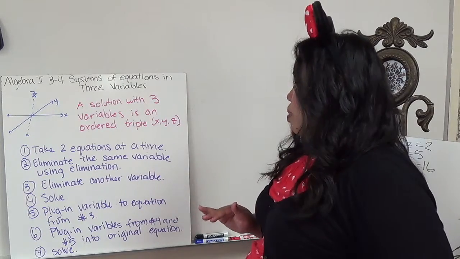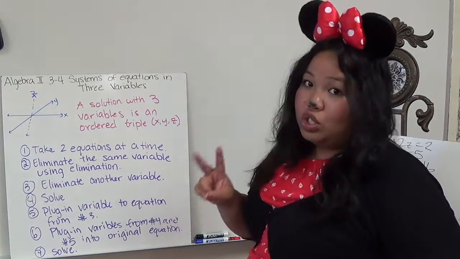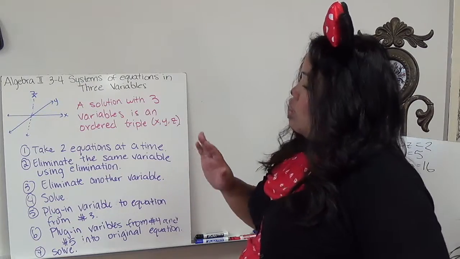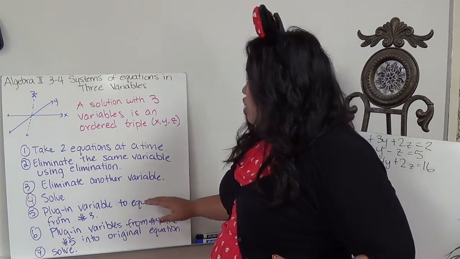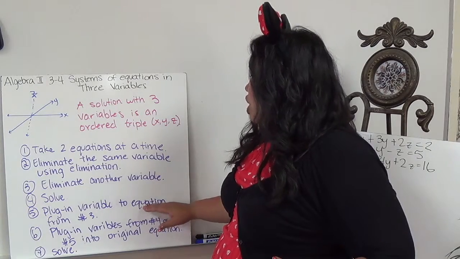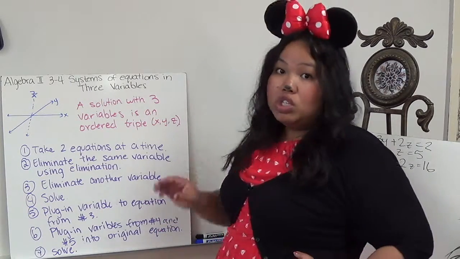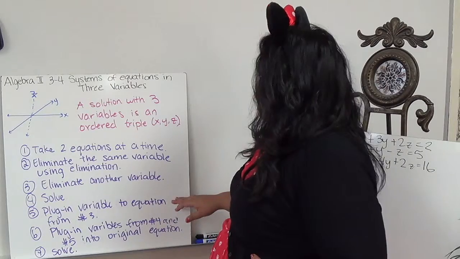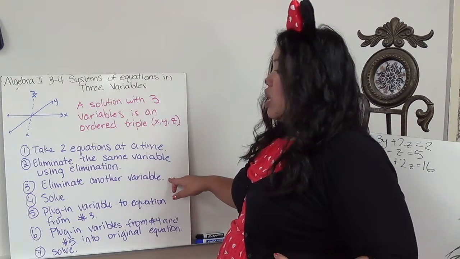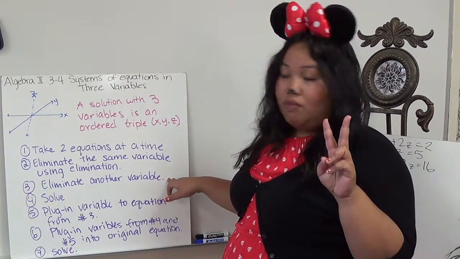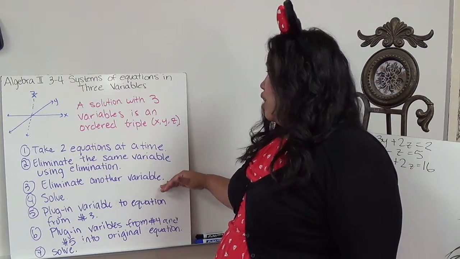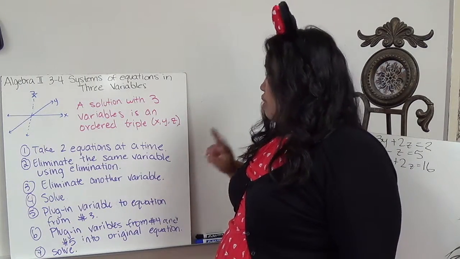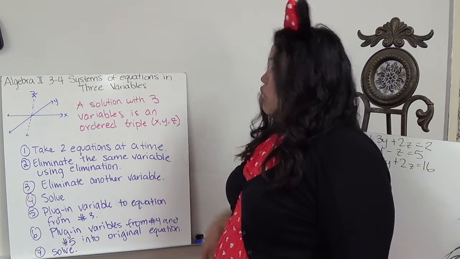Eliminate another variable after you've narrowed it down to 2 variables. Then, once you narrow it down to 1, you solve. Once you've solved, you plug that into the equations you found in step 3, not the original, because the original still has 3 variables, and the ones from step 3 only have 2. That gives you the answer to the second variable, and once you have 2 variables, you can plug them into the original.